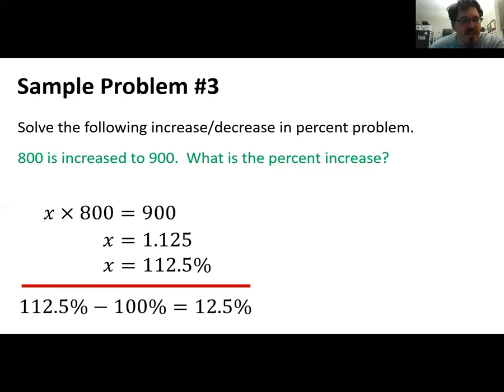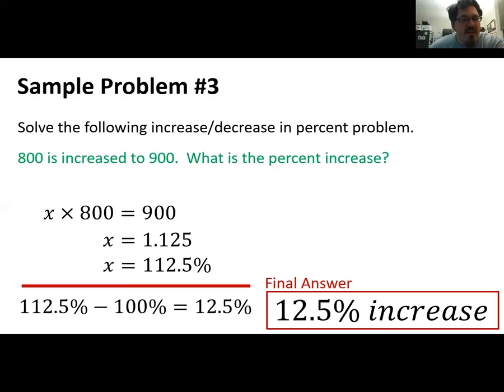So the actual increase is the 12.5%. Again, always think about the fact that the original amount is represented by 100%, and then the increase or decrease is either added or subtracted from the 100% in your problem. In this case, because 800 got bigger, it makes sense that it's an increase of 12.5%.